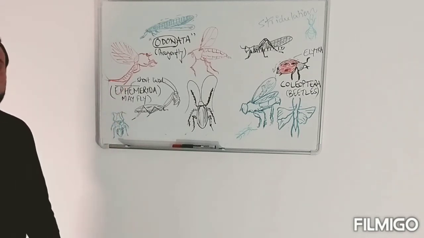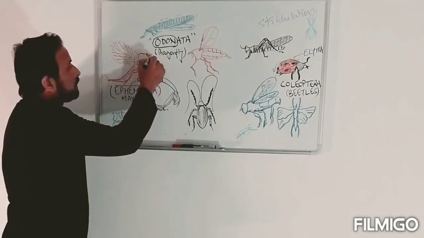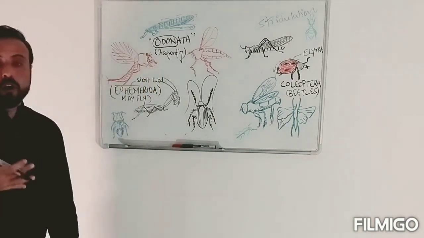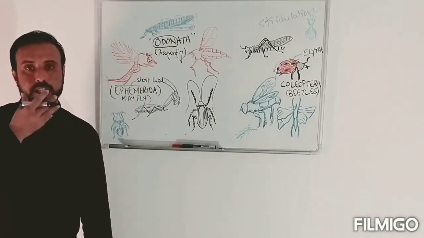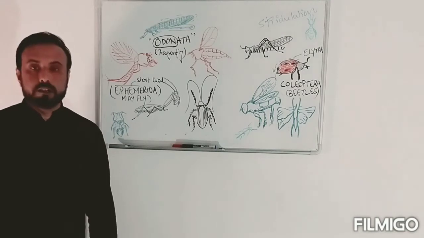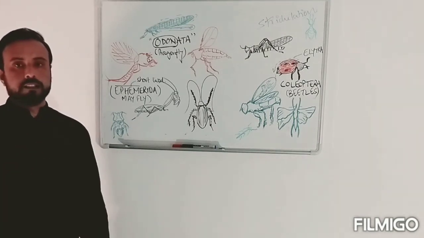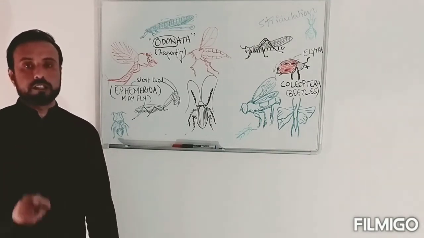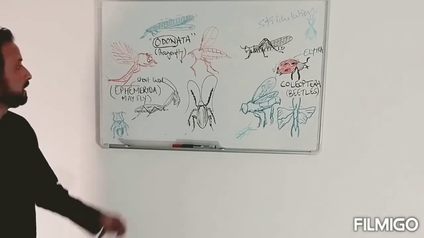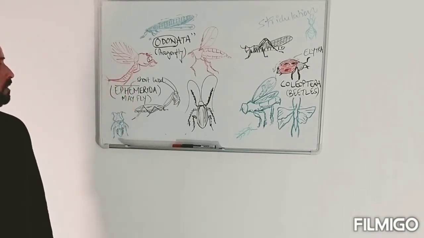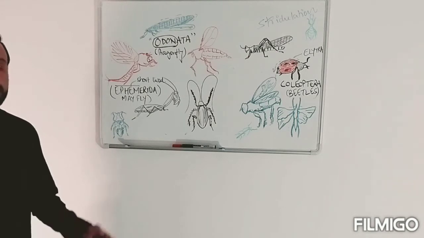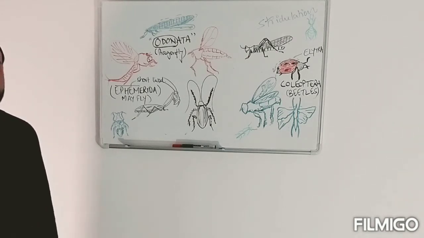And they are short-lived because their mouth, the buccal cavity, is not developed. They cannot eat anything. They cannot chew anything or suck anything, right? That is why they are called Ephemerida, because they live for a shorter period of time.